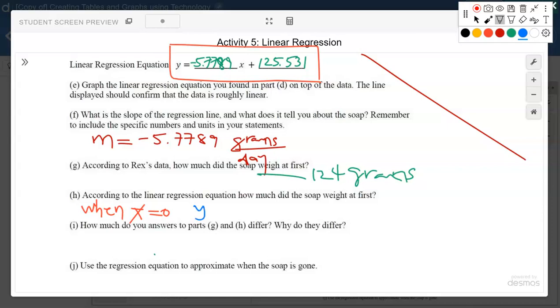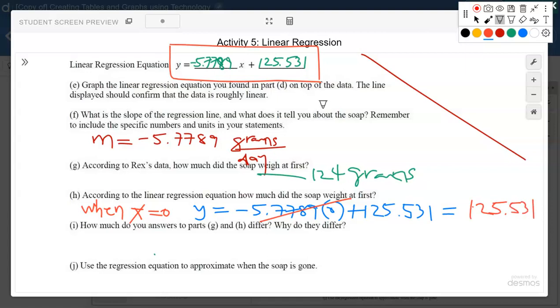So y equals negative 5.7789 times 0 plus 125.531. And since negative 5.7789 times 0 is 0, the answer here is 125.531. That is based on the linear regression equation.